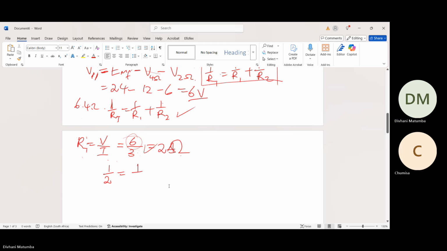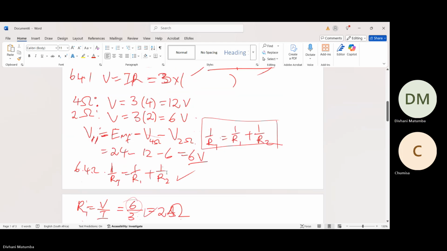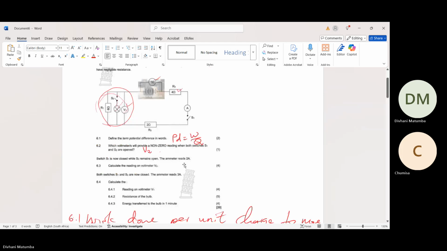We have the value of R1. Yes, a 2. No. Remember, the value of R1 is this resistance, and R2 is this one. And then R total is what you calculated, which is 2.